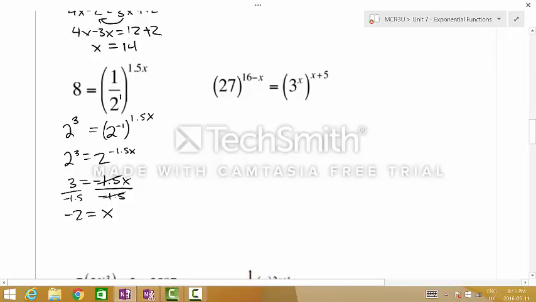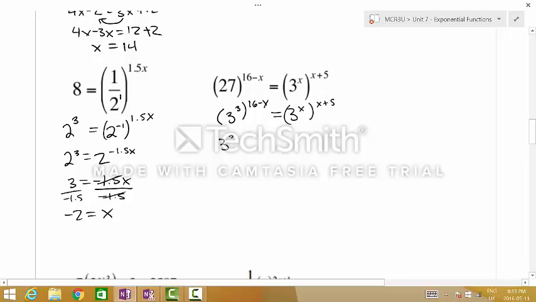So same idea. This 27 we know is 3 cubed. I'm using 3 as my base because on the other side we already have 3 as a base. Here we have 3 to the power of x to the power of x plus 5. We're going to expand those exponents.